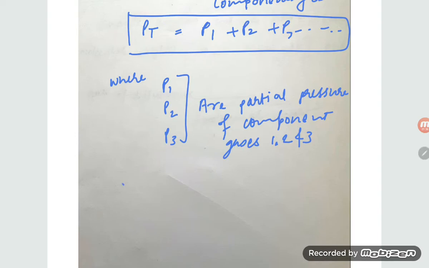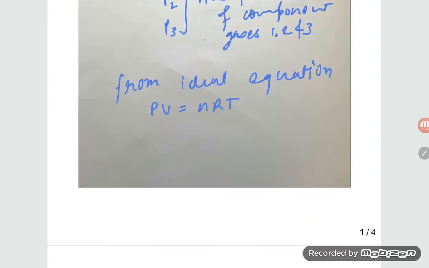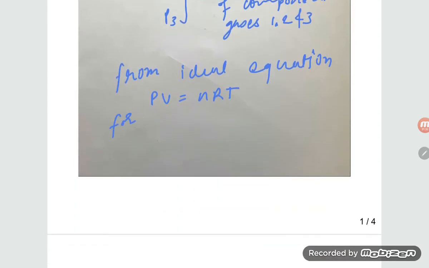That is from the ideal gas equation. So from the ideal gas equation, what can we write, students? PV is equal to nRT. So for gas 1, we can write P1, and all the gases are in the same container.